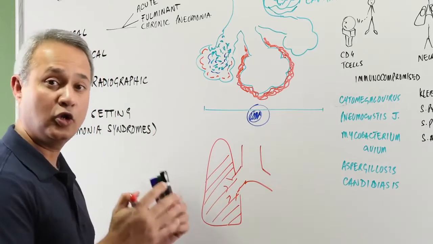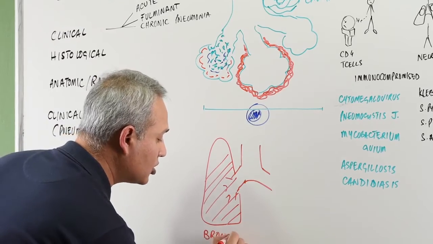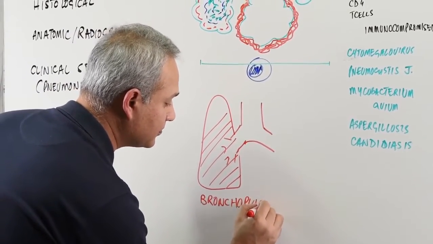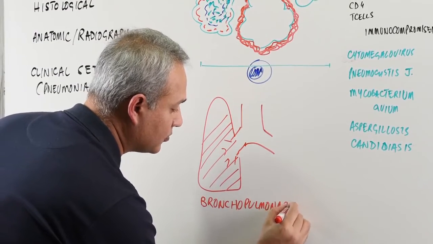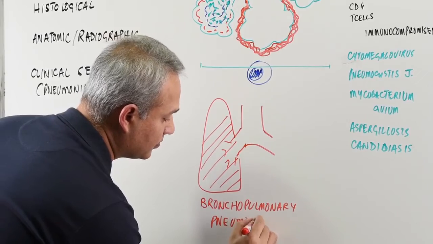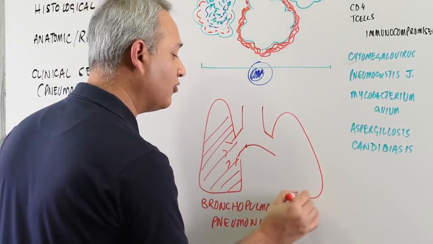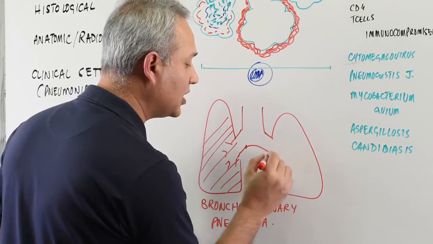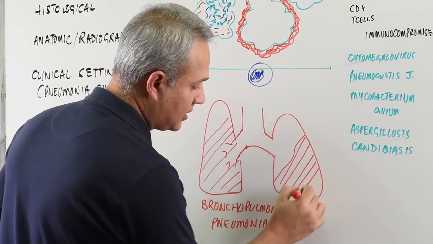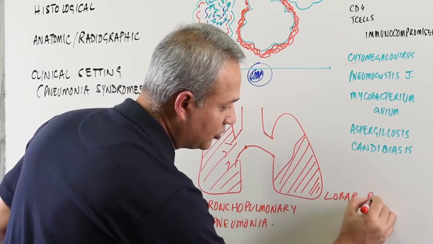That is called bronchopulmonary pneumonia. On the other hand, if only one lobe is involved, then it is of course called lobar pneumonia.